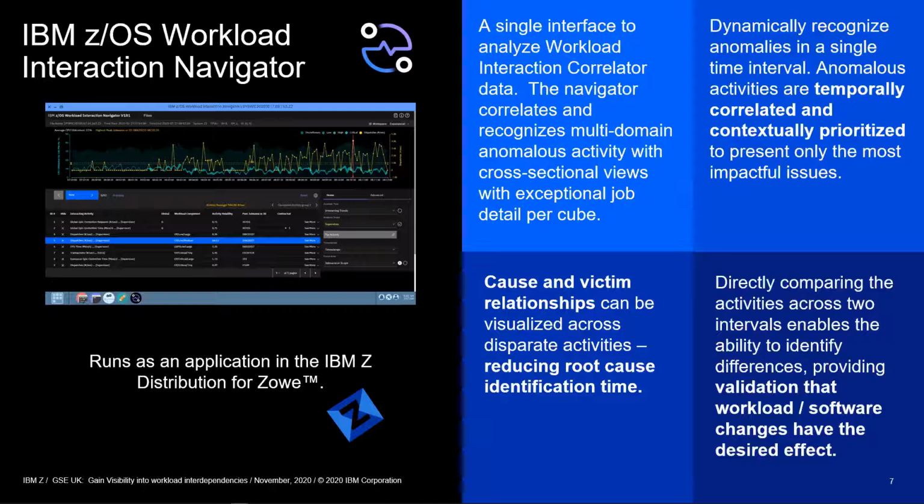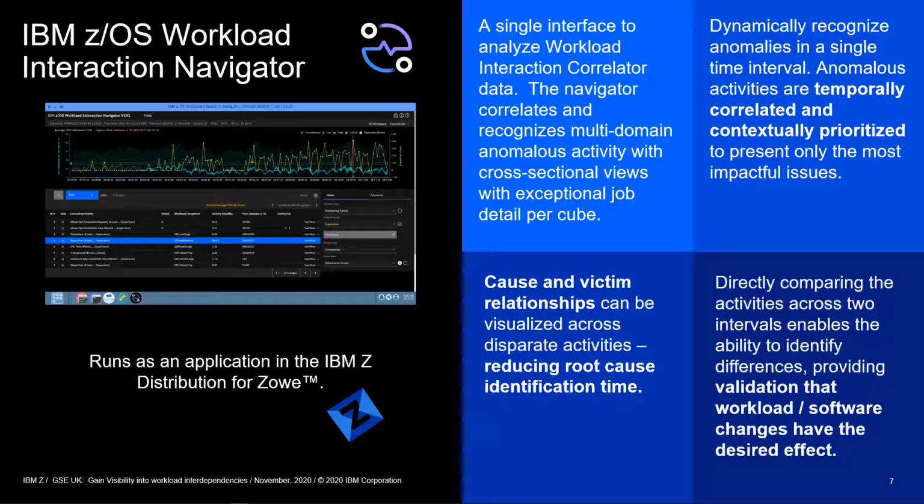And what the Navigator is doing is looking across the entire workload stack for multi-domain anomalous activities. We might see a drop or a spike in CPU for something happening in z/OS, and correspond that to a drop or an increase in response times for CICS or IMS transactions.